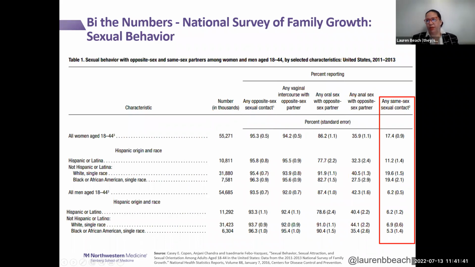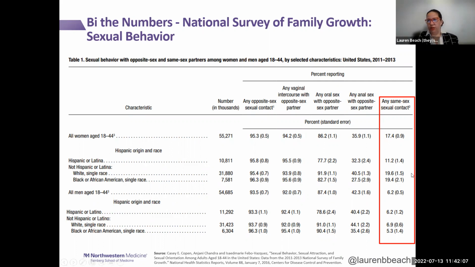If we break down the data in terms of behavior instead of by identity, first of all, you notice that these numbers are higher. 17.4% of women and 6.2% of men report any same-sex sexual contact in their lifetimes. Unfortunately, the data is not broken down in depth to be able to see people reporting both same and different sex sexual contact in their lifetimes.